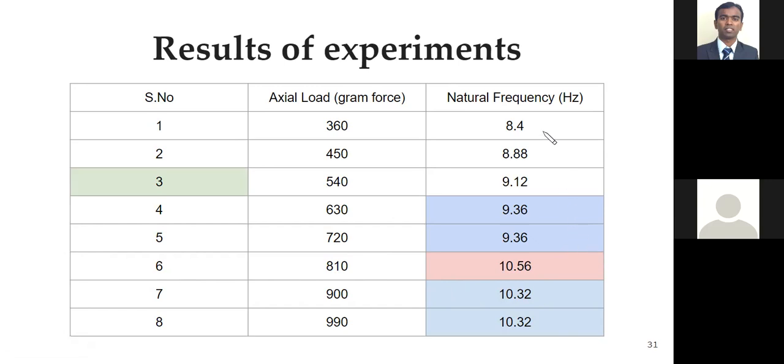We can see that increase in natural frequency in each experiment is about 0.4 here, about 0.3 here, like that. But from 9.36 to 10.56, there is a huge increase, so I think the result taken from experiment number 6 is not valid.